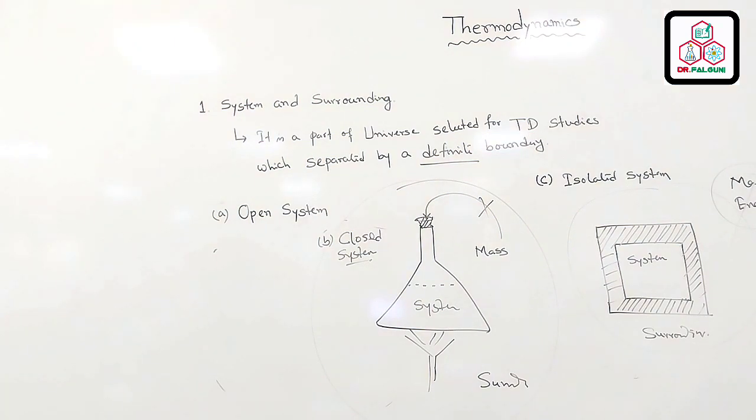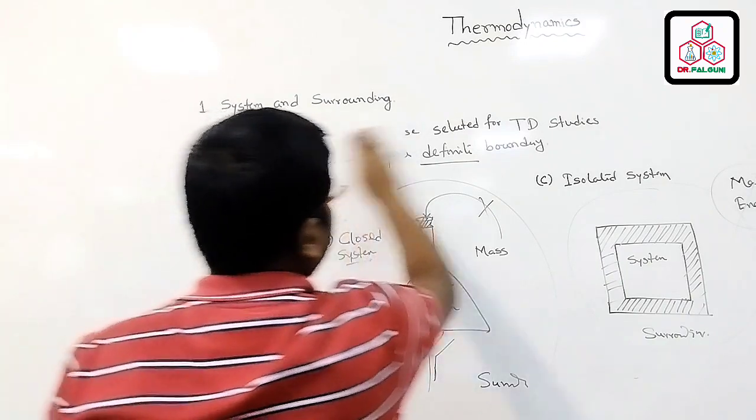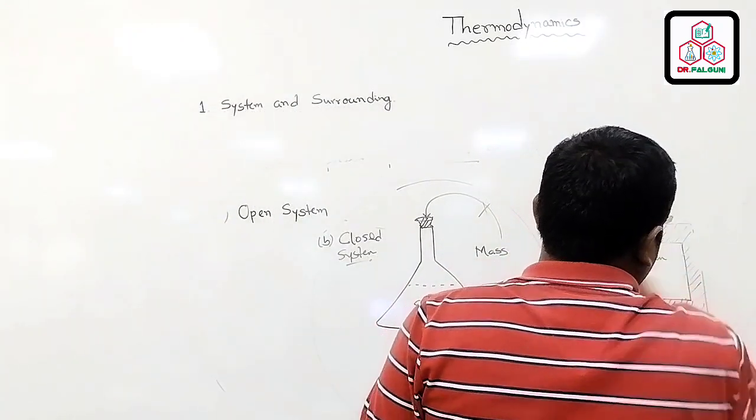Next is the properties of the system. Next terminology is the properties of the system.